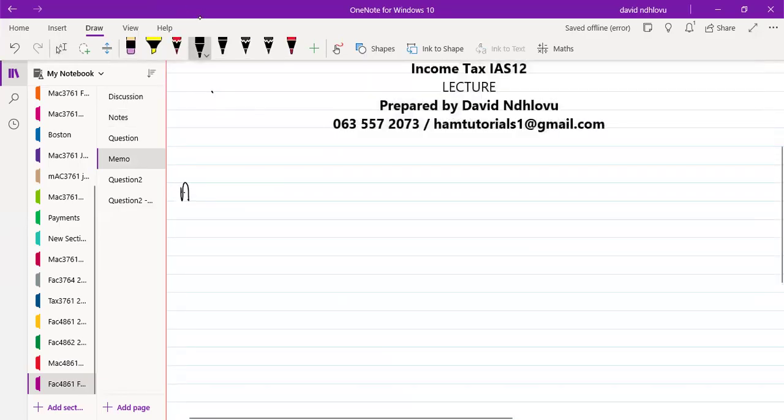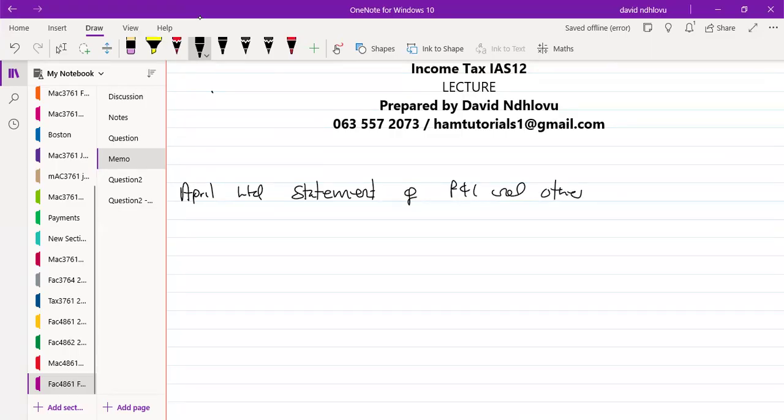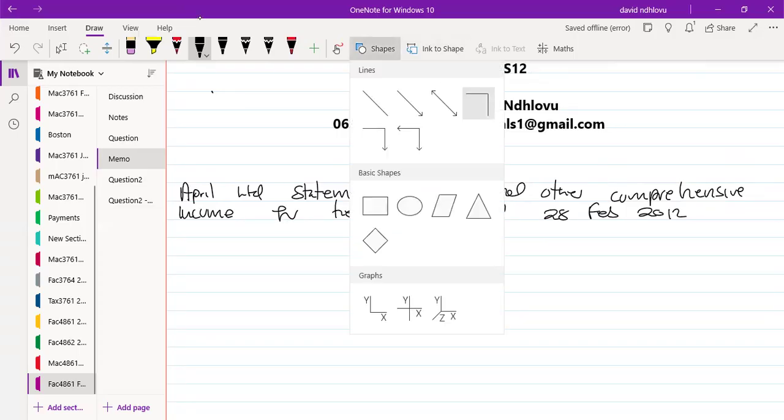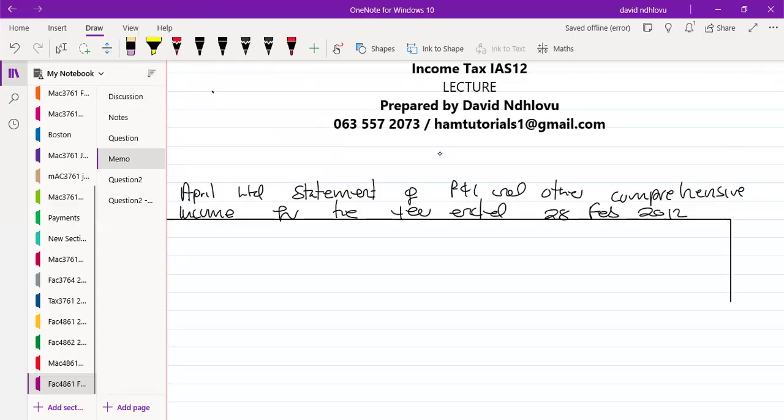Right, so we are saying April Limited, a statement of financial position, a statement of P&L and other comprehensive income for the year ended 28 February 2012. Right, so what they want, they said you can start with the profit before tax figure.